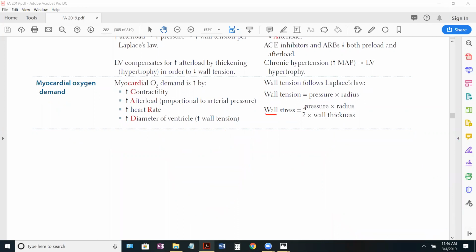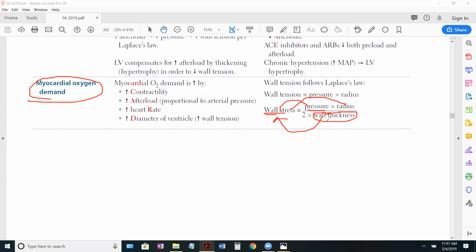So wall stress is directly proportional to the pressure, directly proportional to the radius, but inversely proportional to the thickness. If your heart becomes thick, then the wall stress decreases, and when the wall stress decreases, the myocardial oxygen demand can decrease because additional muscle fibers that are being made in the wall of the heart may share the stress.